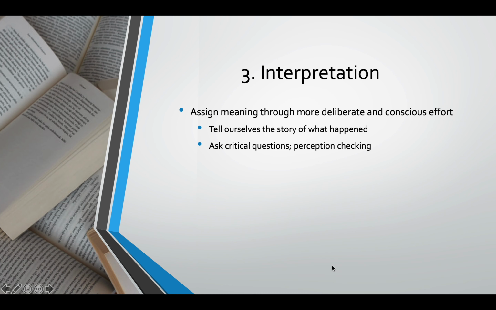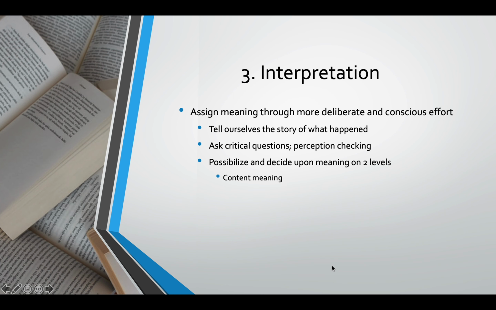Maybe it's a cultural misunderstanding. So this is where we do some perception checking and try to question in a deeper fashion what we've come to understand. And in doing so, we're going to possibilize different meanings of what happened, and we're also going to, to some extent, decide upon a working meaning for ourselves on at least two different levels.